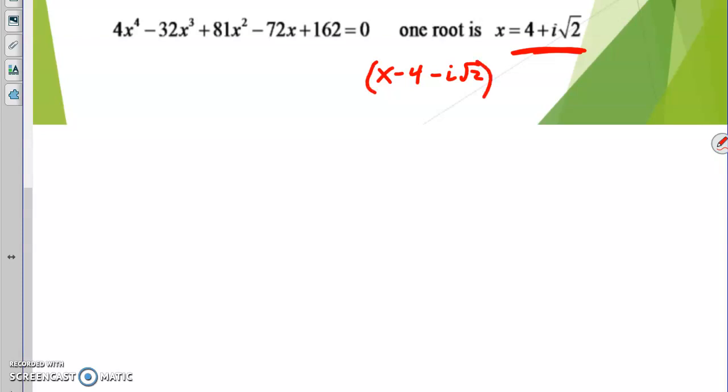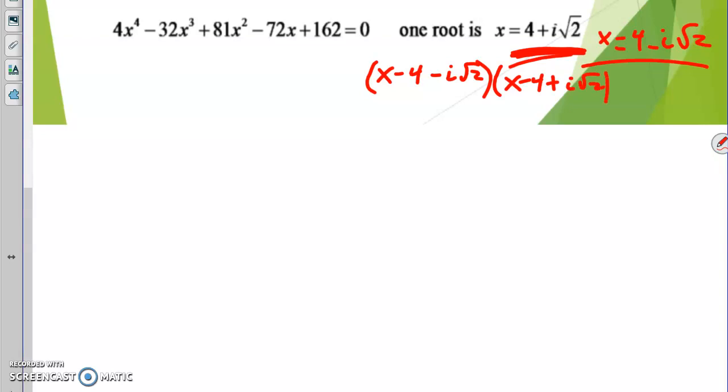We also know that because of the conjugate rule, if this is one root, then the conjugate of it will also be a root. So with that in mind, x minus 4 plus i root 2 is also going to be a factor.